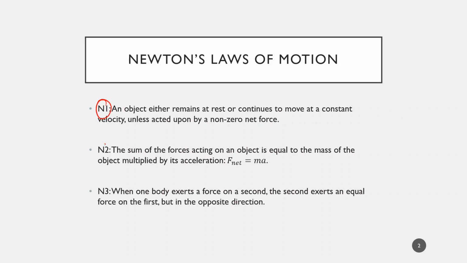Now the second law, which is the one you probably use the most during your calculations. It says the sum of the forces acting on an object is equal to the mass of the object multiplied by its acceleration. Or in other words, F net equals ma. One of the original formulations of this law stated that the acceleration an object experiences is directly proportional to the net force applied to that object, and also inversely proportional to the mass of the object.